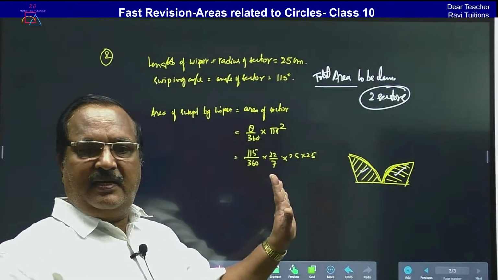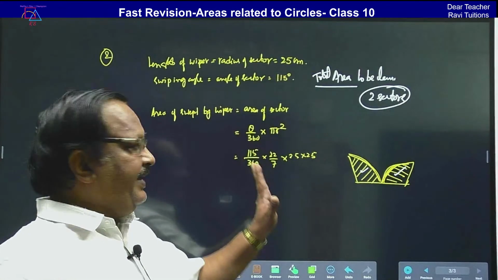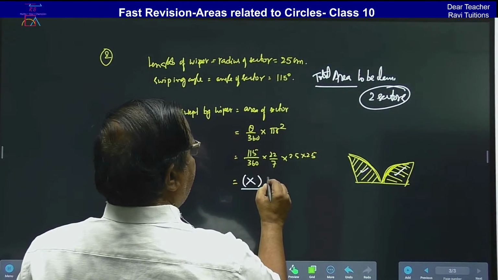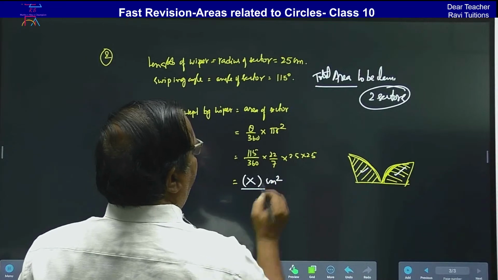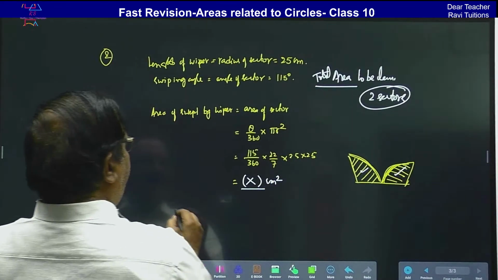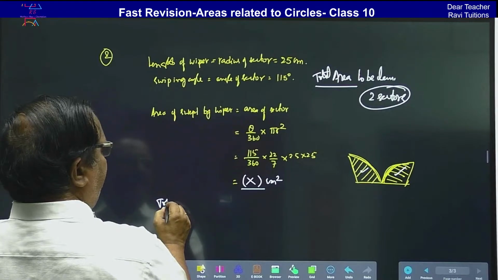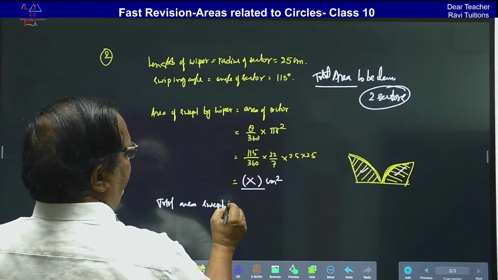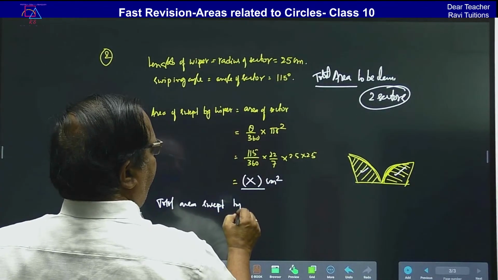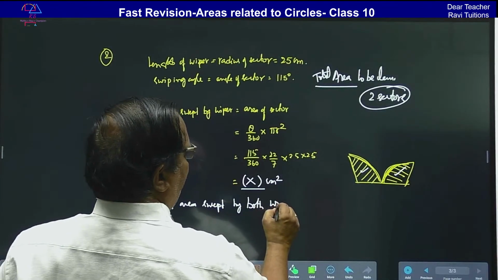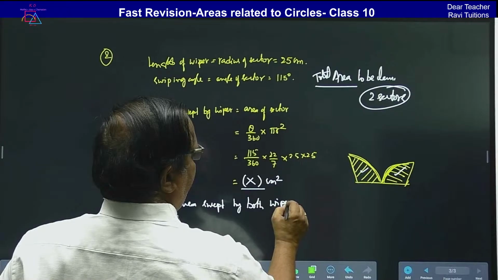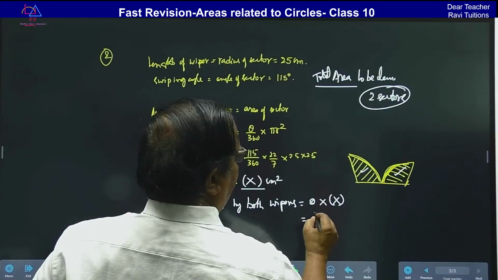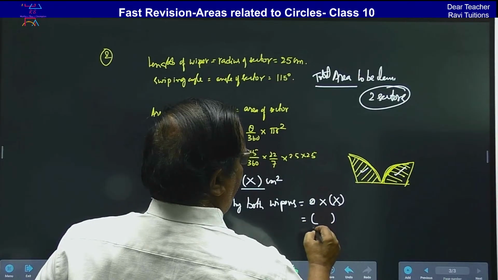This is the area swept by one. Let me say some x value you will be getting, x centimeter square. So total area swept by both wipers is equal to 2 into x, which is the final value.